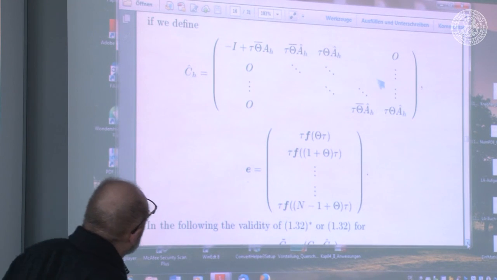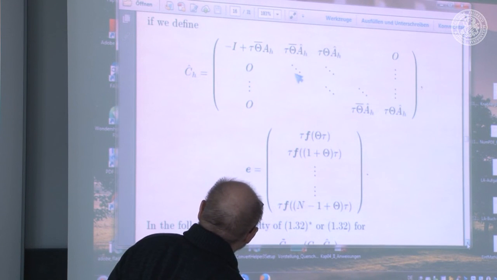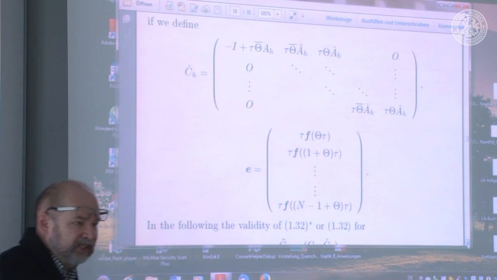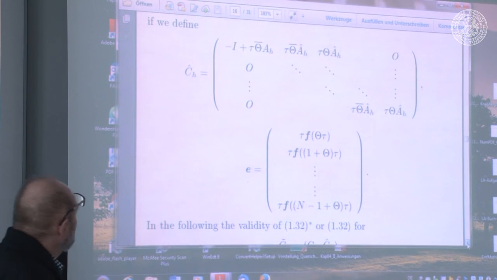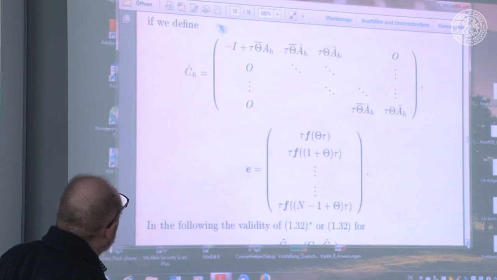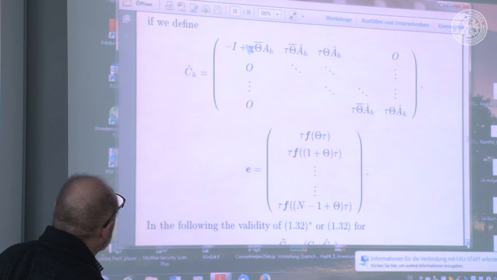But initially, I'm not so sure, is this correct with the dots? It's maybe not quite correctly depicted. So these dots here connect this part with this part, and these dots here connect this part with this part. And in addition, initially, of course, we also have here the factor which deals with the initial data.